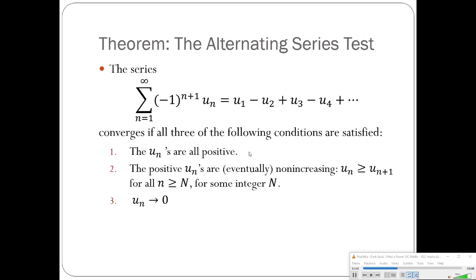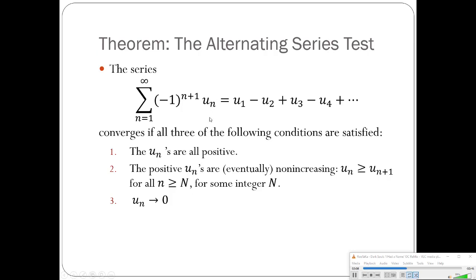But here's the test we use for alternating series, specifically for them. You look at this series where you have your alternating series factor here, and then if you take that out, what function do you have left?